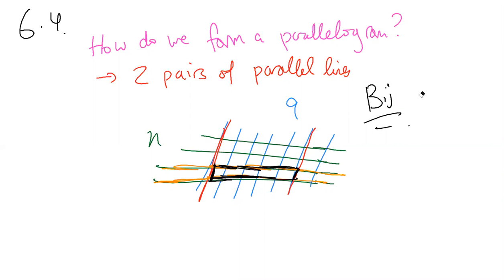And we're making sure there's a 1-to-1 correspondence, where every parallelogram is formed by pairs of lines, but we're not overcounting or undercounting. We're not missing any parallelograms. Every parallelogram is formed by 2 parallel lines in this diagram, and we can't possibly count a parallelogram twice because the lines define where the parallelogram is.